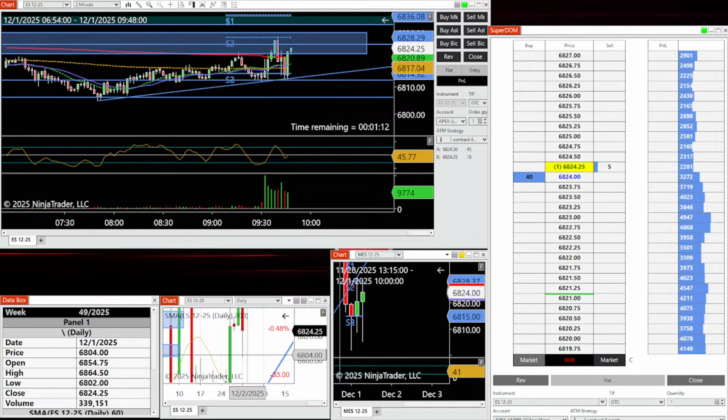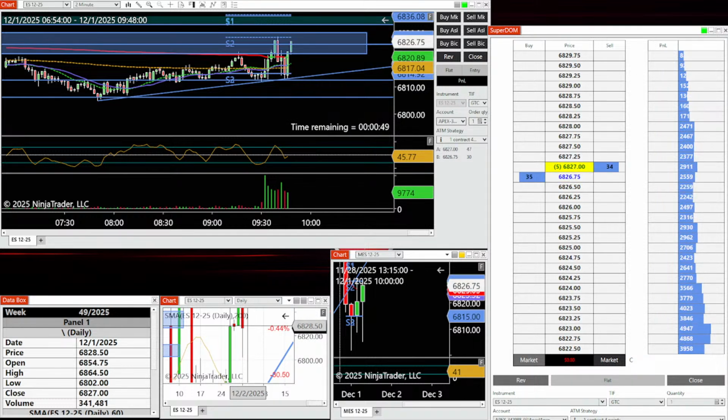In between the 6,800 and 30-point range. Okay, we're getting back to the 28.